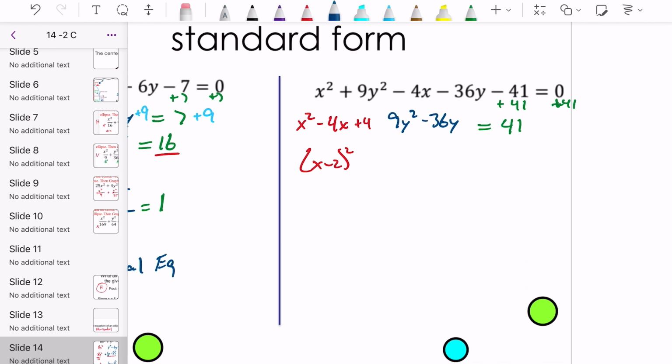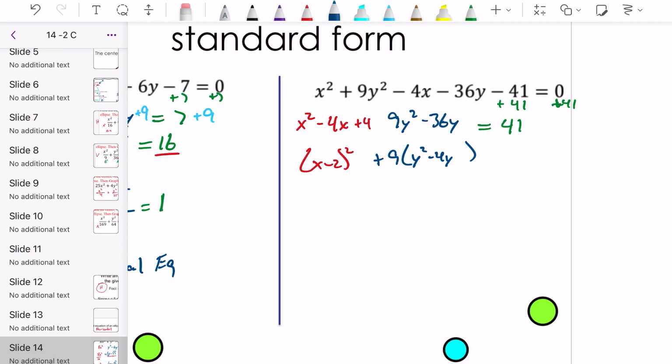In the case for 9, we're going to be able to take out a positive 9, and we're left with y squared minus 4. Now, from here, we can actually create our completing the square.